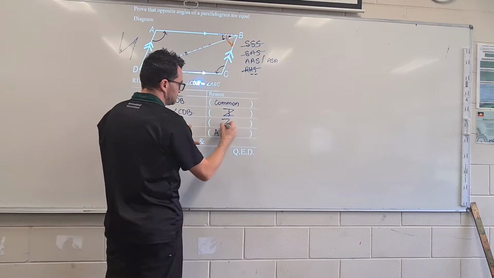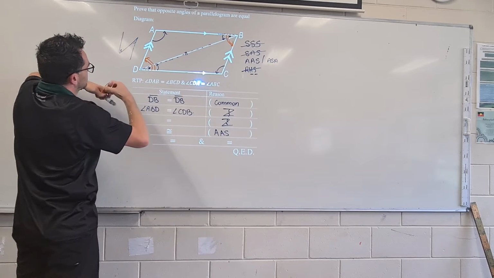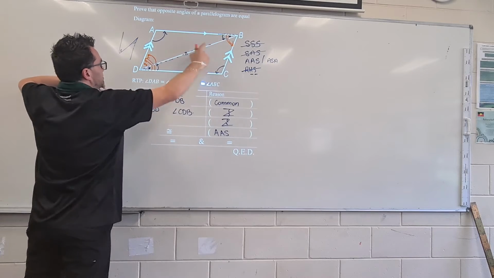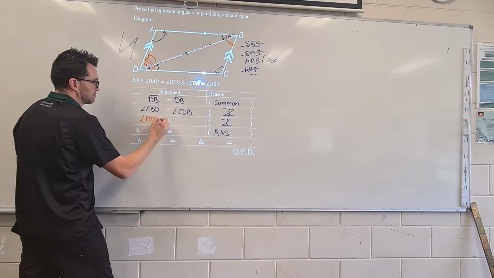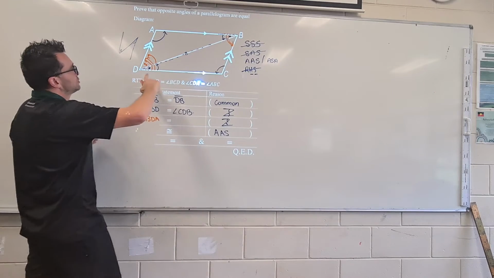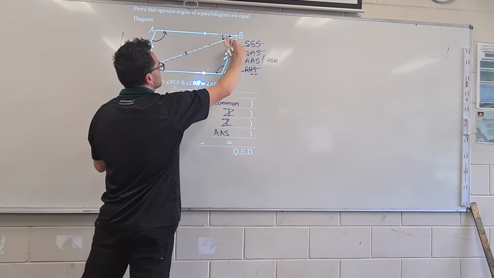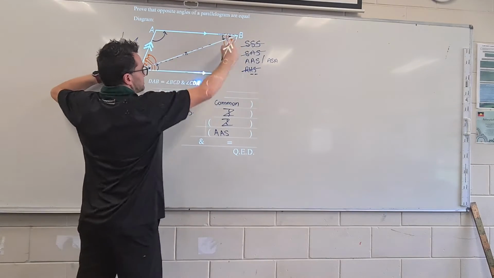So we'll put our Z in. So we've got this angle, which is BDA, being equal to this angle, which is DBC.